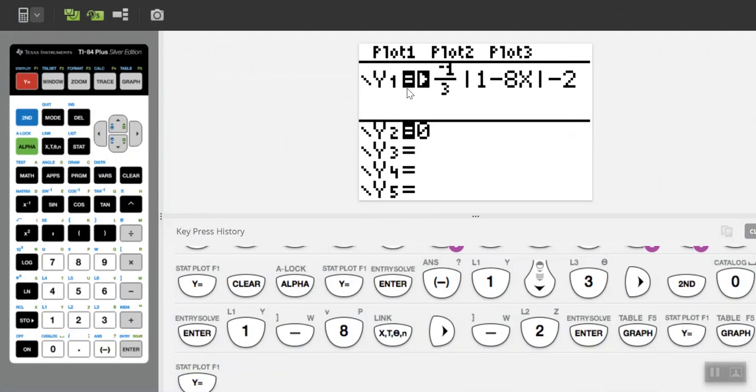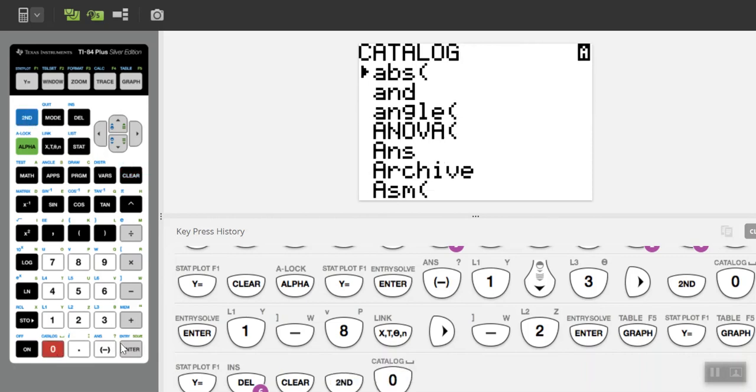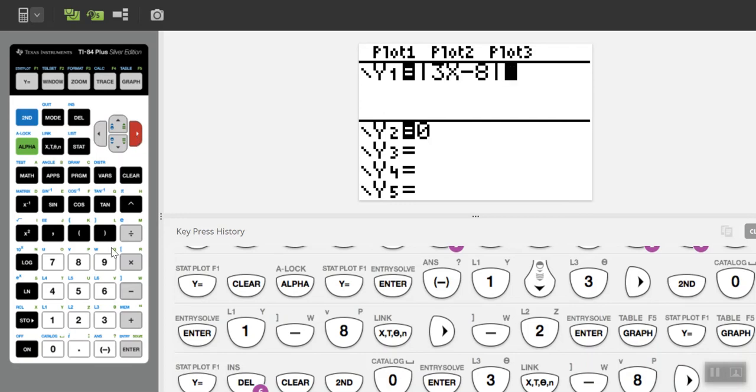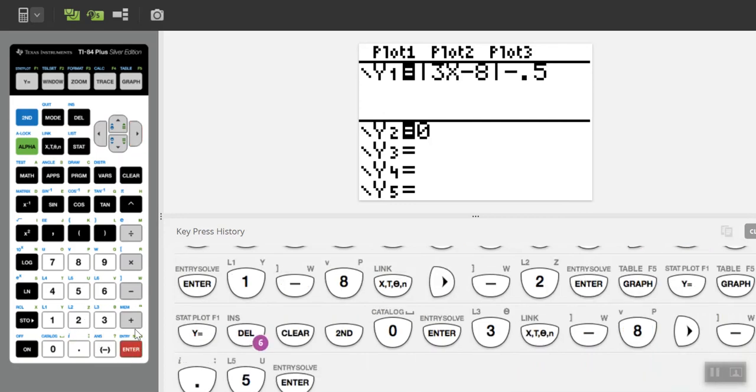And we had, let's delete that. Okay, I'll just clear it. Okay, so we had absolute value, so second catalog, absolute value 3x minus 8. Move it outside that, and now we subtracted the 0.75 across, so it's minus 1/2, minus 0.5.